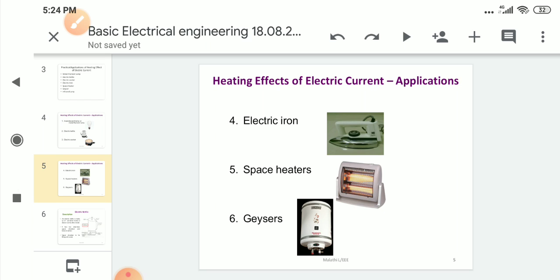Why do we need a thermostat? Because in previous days our clothes were only cotton, heavy thick clothes. That's why the non-automatic electric iron was enough at that time.